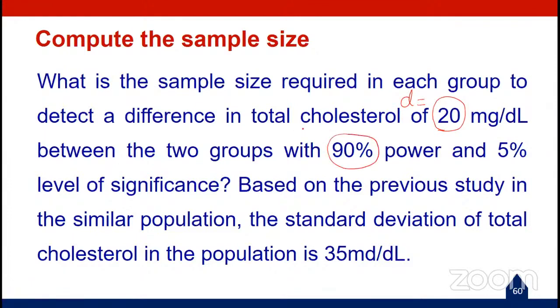So 90% means it is 1.28 and 5% level of significance, 1.96. Based on the previous study, in similar population, the standard deviation is 35. So sigma is 35.